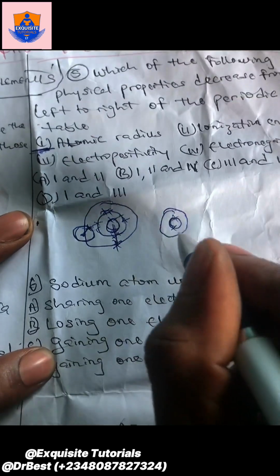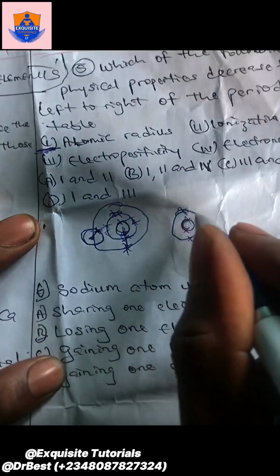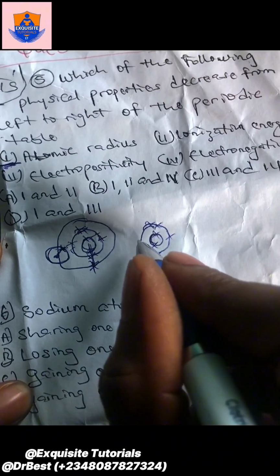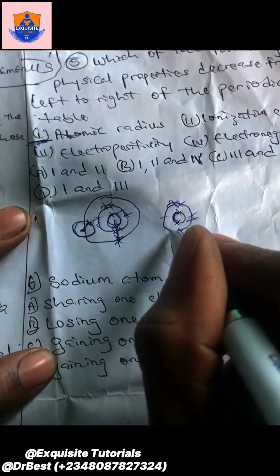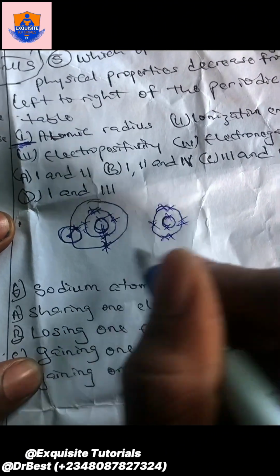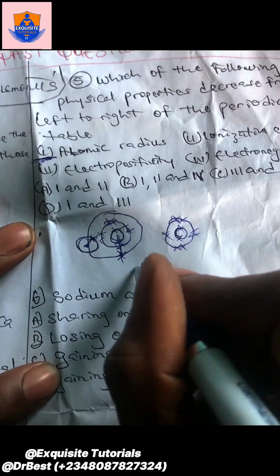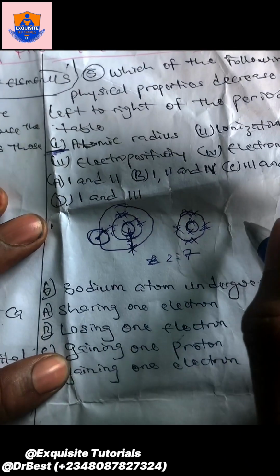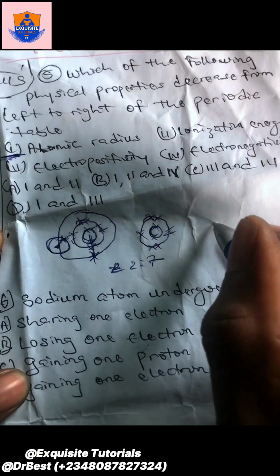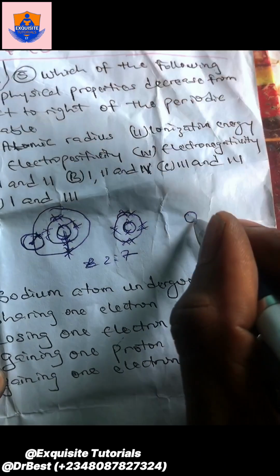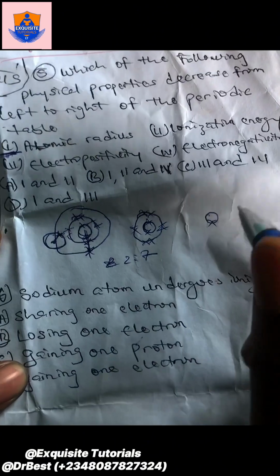This is for fluorine that has 9, which is 2 and 7. Now, let me draw that of hydrogen, where you'll be having just 1 electron.